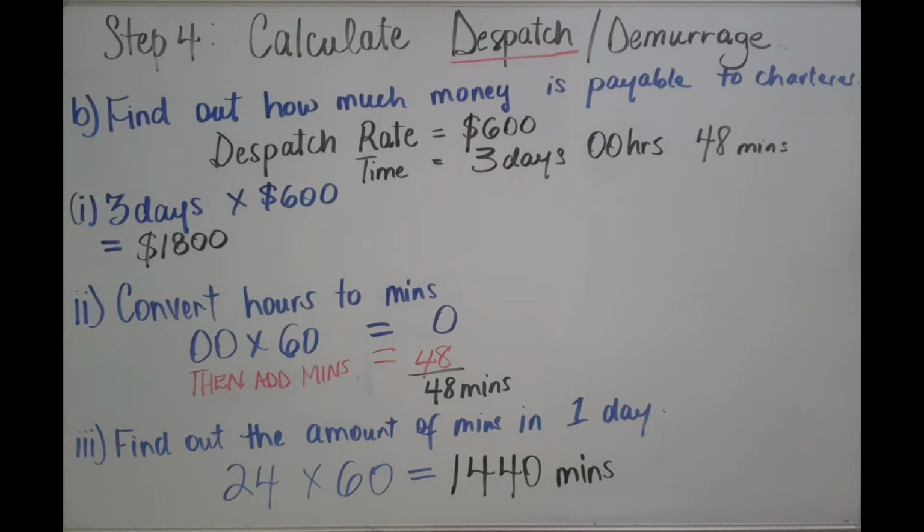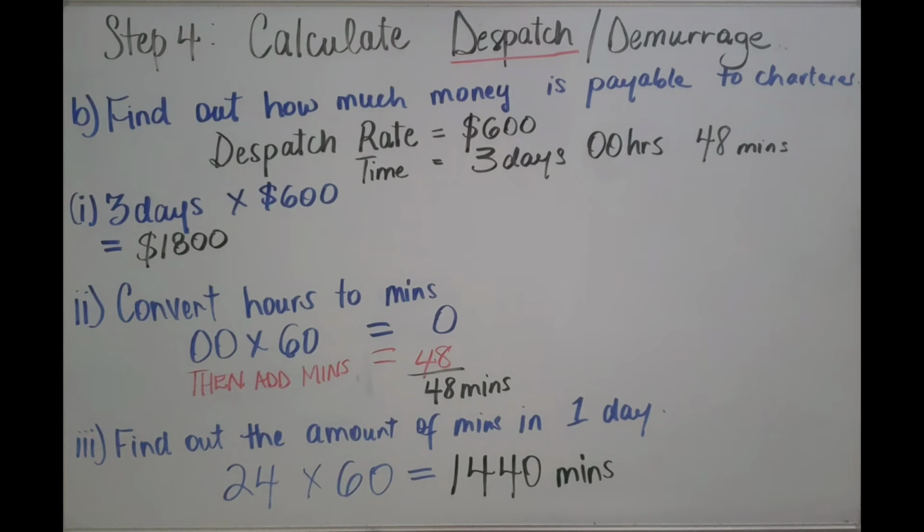The dispatch rate is $600 per day, and we're calculating for the time 3 days, 0 hours, and 48 minutes. We already know that it's per day, so we multiply the 3 days by 600, and that's how we got $1,800.